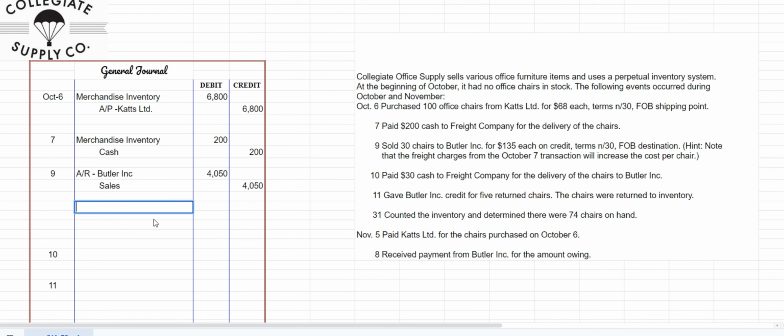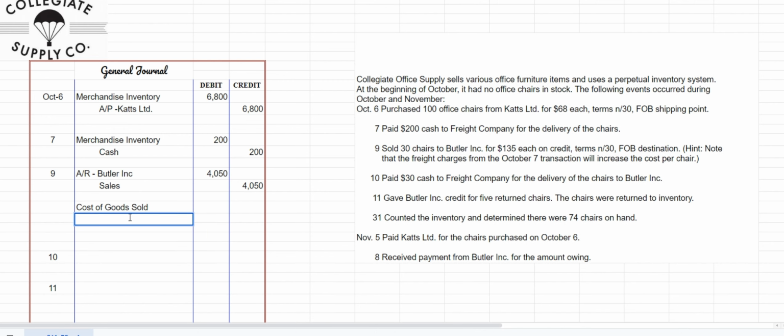So we know that the credit account is going to be merchandise inventory, but we have to have a debit account as well. And in this case, we're just going to debit an account called cost of goods sold. And of course, the credit account is merchandise inventory.